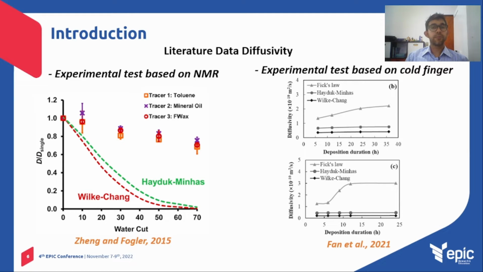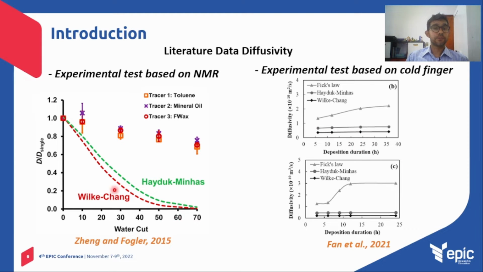So here we bring some literature data about the diffusivity. This data was obtained in different ways, using, for example, NMR, like the first one here, or using a combination of experimental tests like a cold finger and DSC, like the second one here.